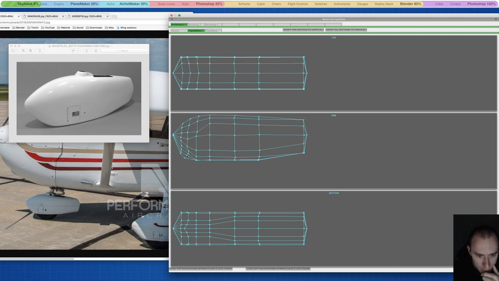I mean, not perfect, but it seems good. Yeah. Getting there.